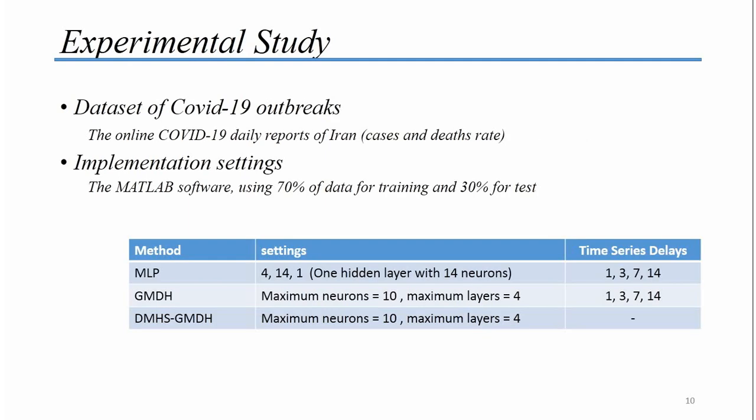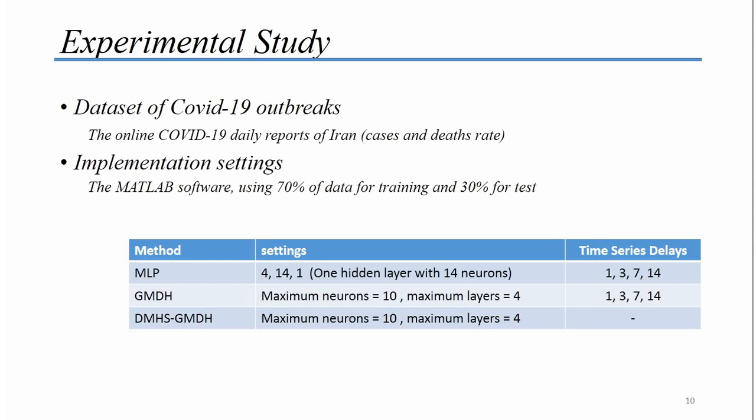Experimental study. In order to investigate the efficiency of the proposed DMHS-GMDH algorithm, we compare its performance with a model based on multi-layer perceptron, MLP, and an original GMDH model. All algorithms are implemented using MATLAB software.